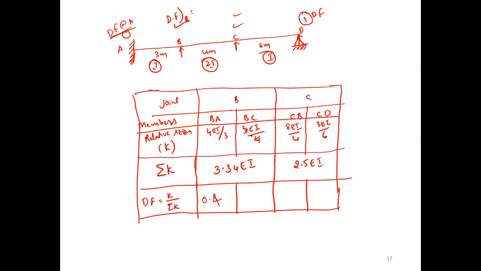Then check this: 1 divided by 2, this is 2, right? 4 2s are 2 divided by 3.34. It must be 0.6 only. 2 divided by 3.34 is 0.59. Or if you are taking 0.59, then it must be 0.39.